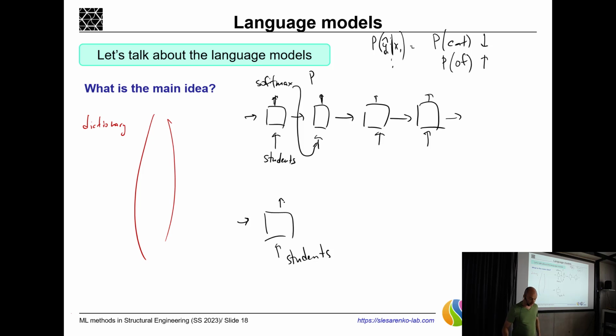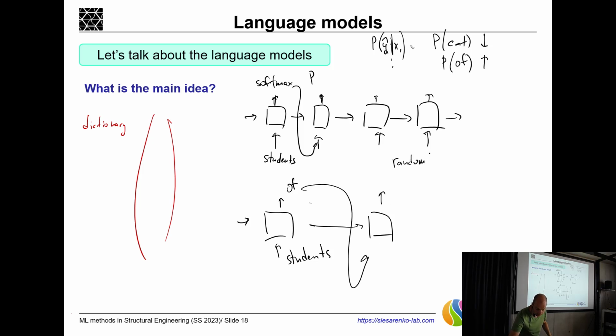So, okay, after students, in this case, I used of. And then I put it as input to the next one. And now again, I select randomly out of the 100 with the highest probabilities. And in this case, maybe university. Probably university would be quite high there.